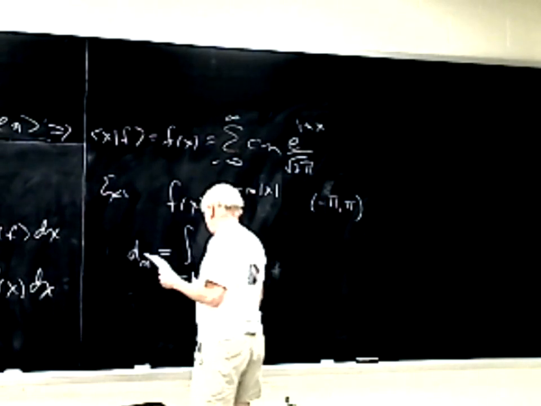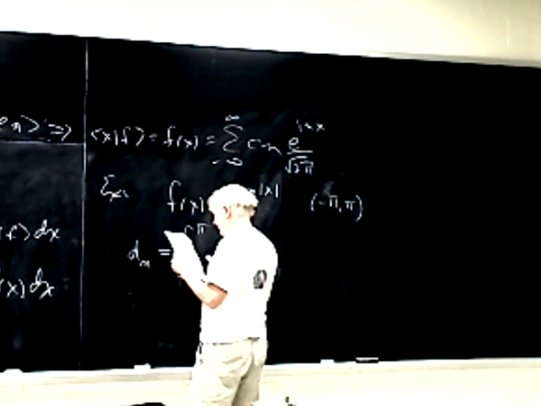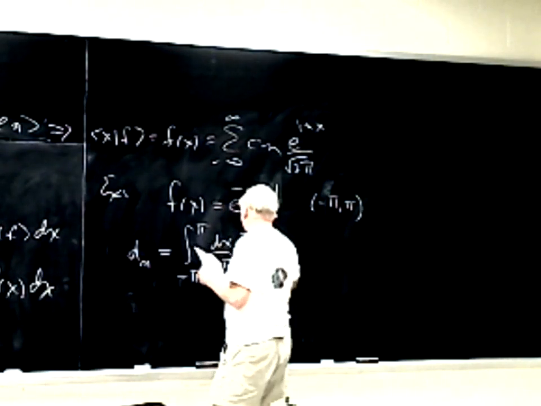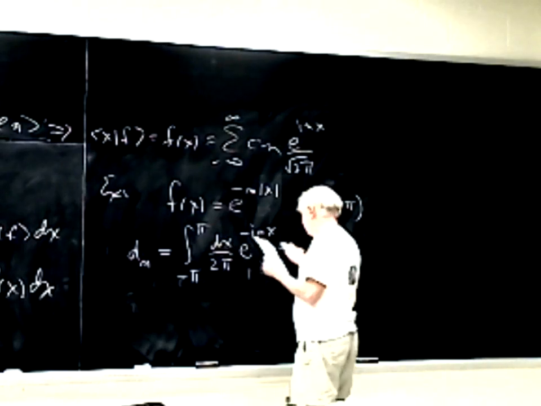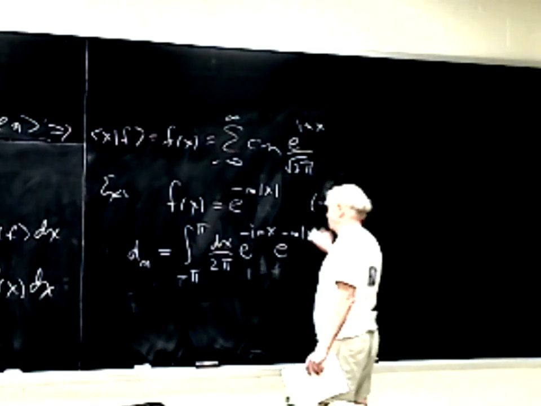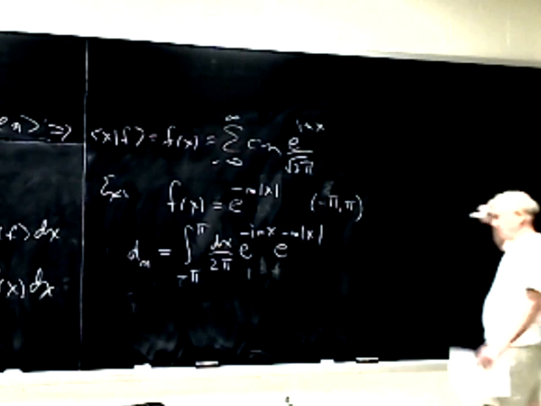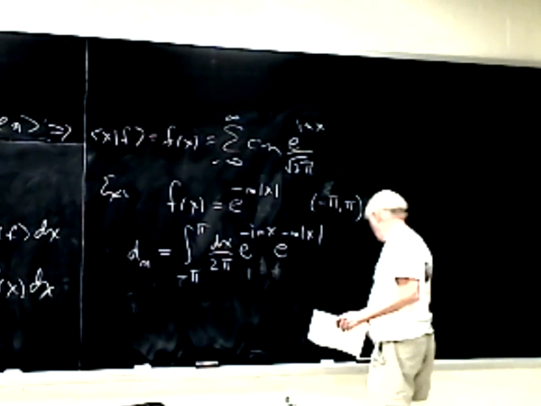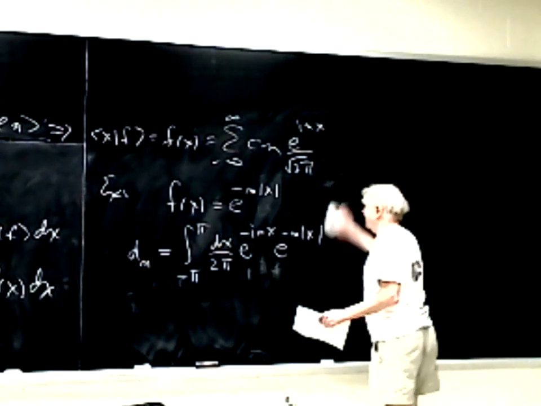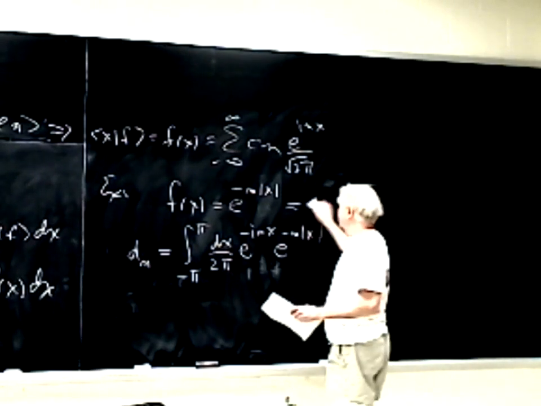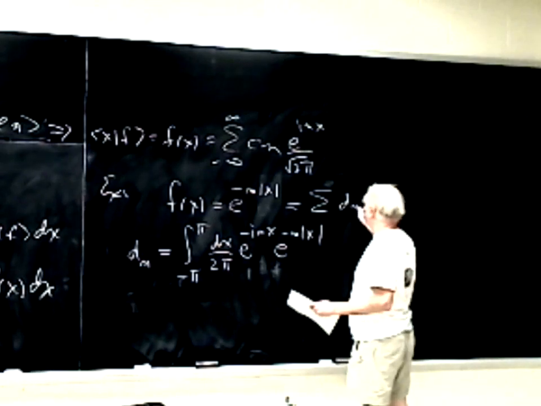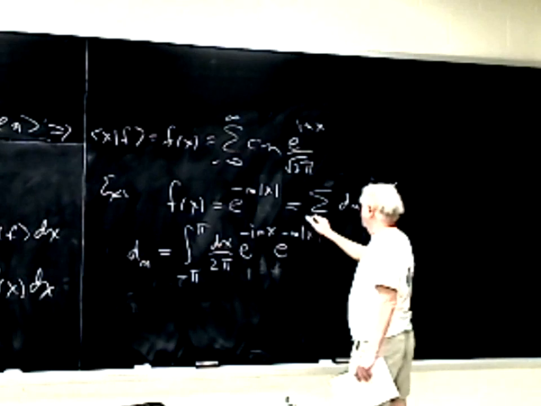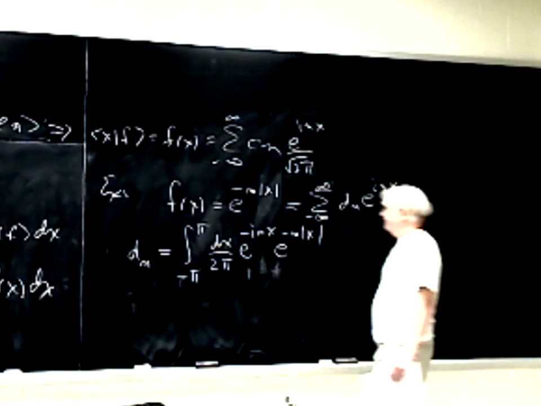So then this is the integral from minus pi to pi dx over 2 pi e to the minus i n x e to the minus m absolute value of x. So these are the coefficients, and the series now will be the sum d n e to the i n x from minus infinity to plus infinity.